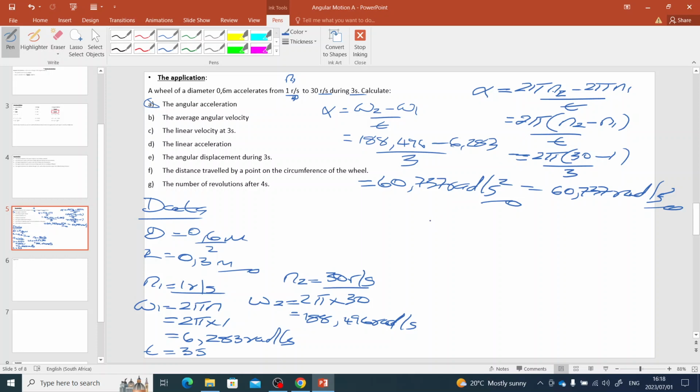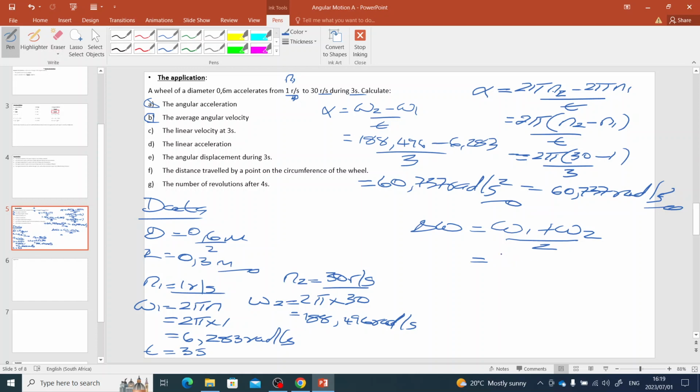Right. Let's look at question number B. They want us to calculate the average angular velocity. Now, in calculating the average angular velocity, it will be angular velocity 1 plus angular velocity 2 divided by 2. We are looking for the average velocity.